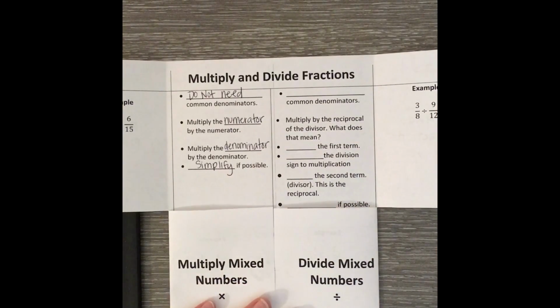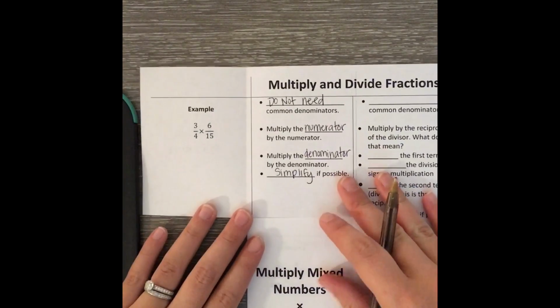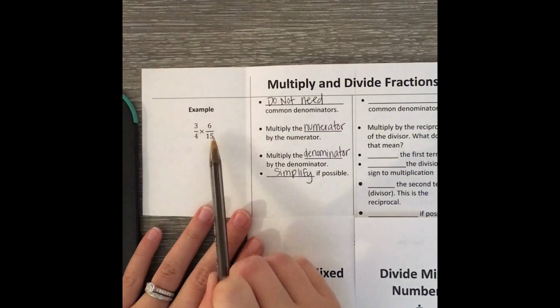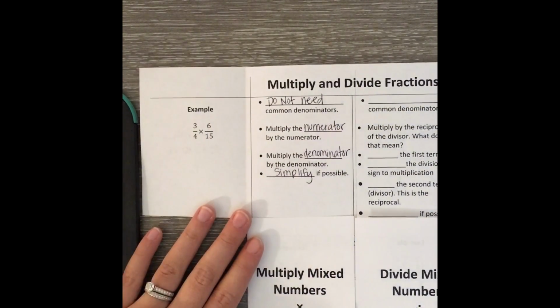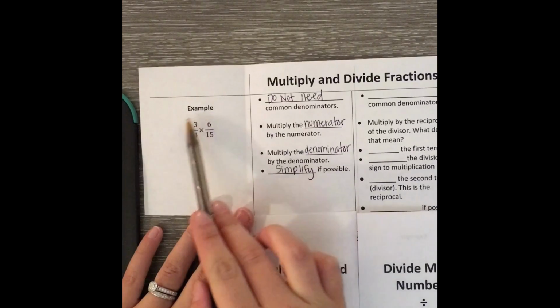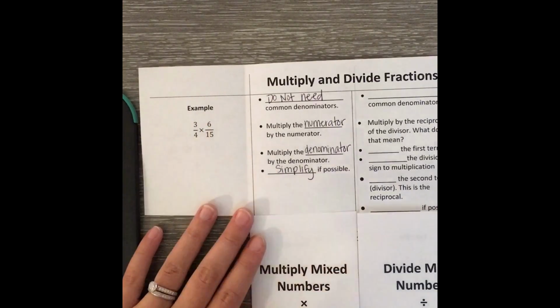So we're going to start with these steps for multiplying fractions. Multiplying, I think, is easier than adding and subtracting because when we look at our example, we just have to multiply straight across. We don't have to make common denominators or do really any steps before we start multiplying. So this is our problem, 3/4 times 6/15.